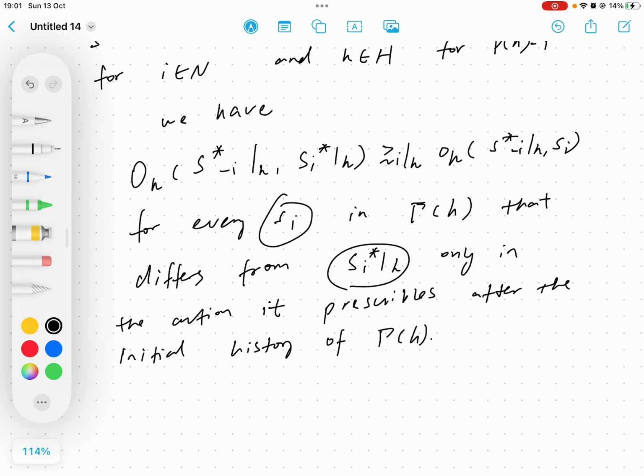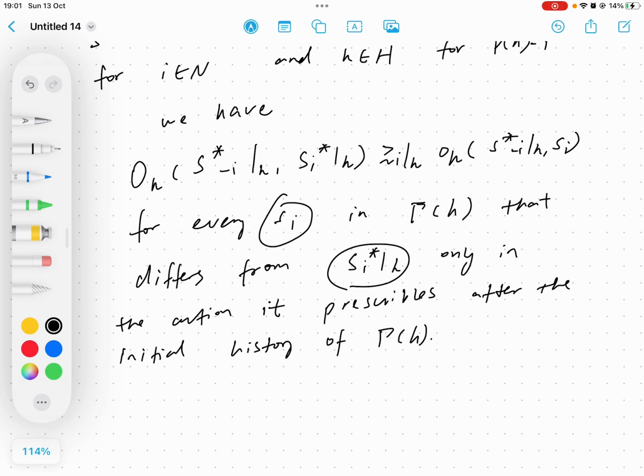So as we just mentioned, the first action, right? Only in the action it prescribes after the initial history of gamma H, right?